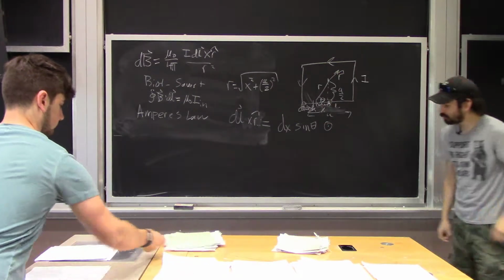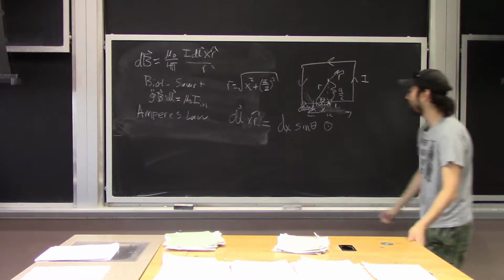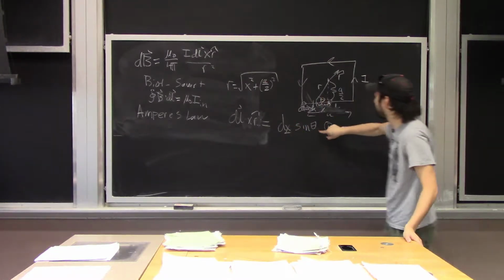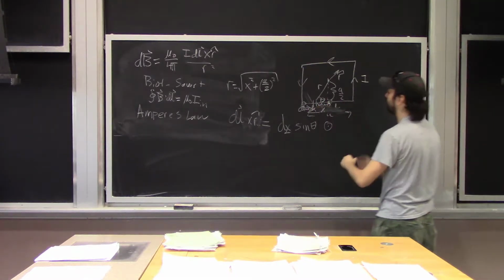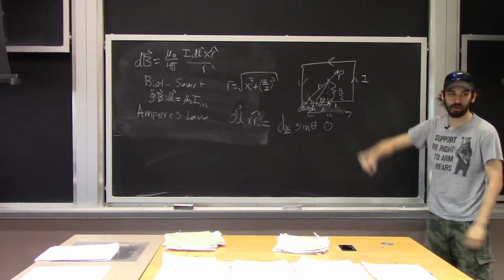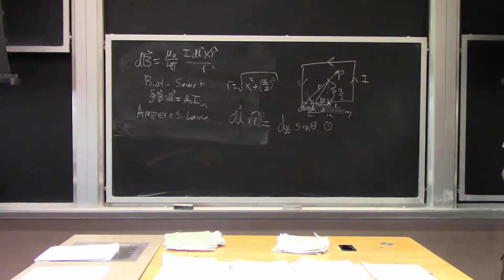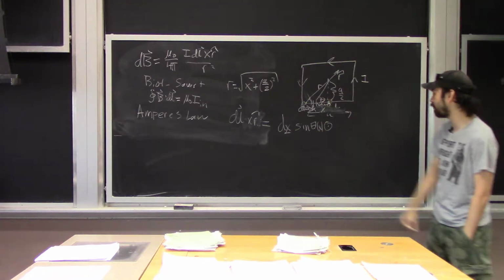Okay. So looking at this, ultimately we're going to want to be integrating over x, and we have this sine of theta. Now, for every point along this axis, say I have a point over here, this is a different theta than I have here, which tells us that theta actually varies as a function of x, and so we need to parameterize this in terms of that.